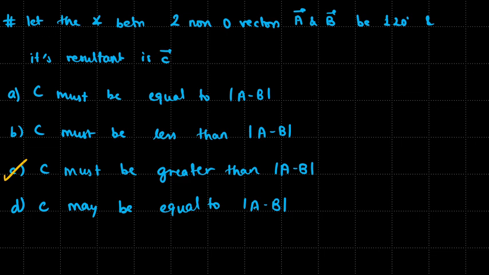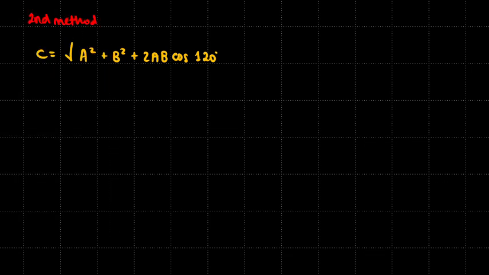Okay, so let's look at the second method. We know the formula of the resultant, which is C in this case: C is the square root of A squared plus B squared plus 2AB cos theta. Theta in this case is going to be 120 degrees, and cos 120 degrees is minus 1 half.